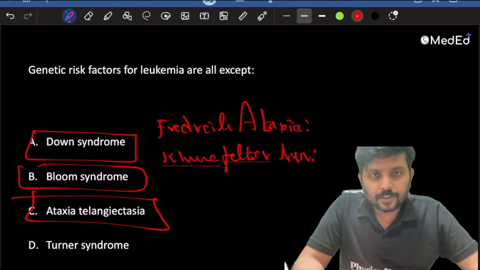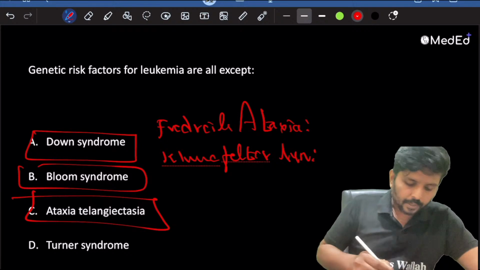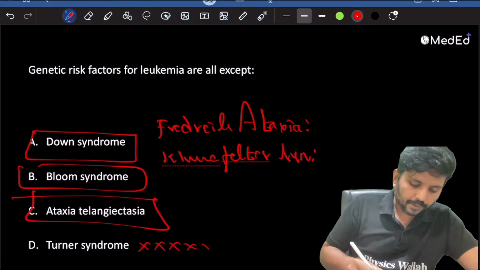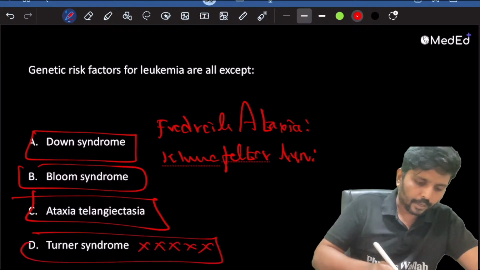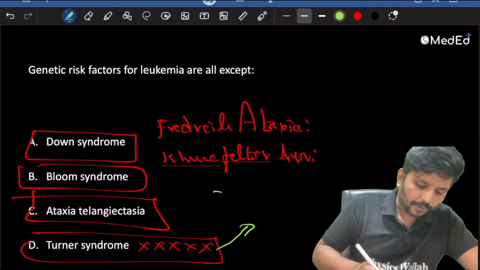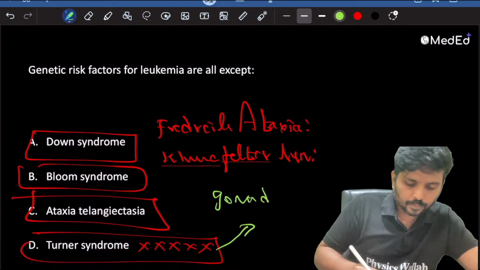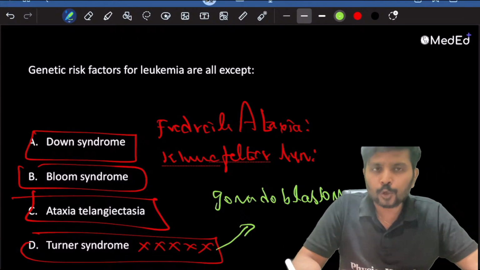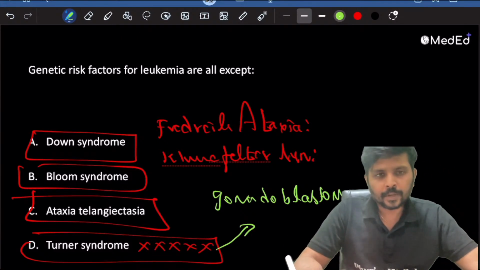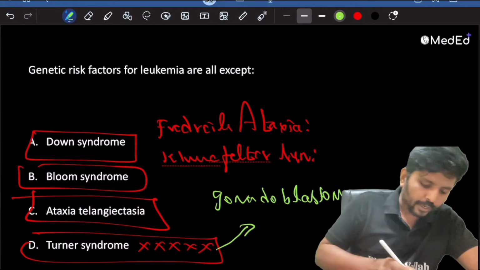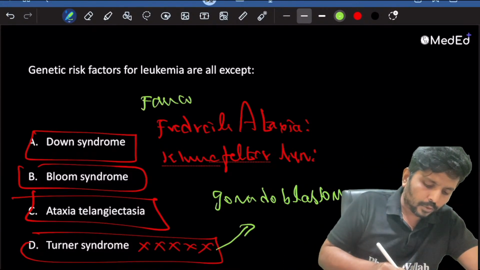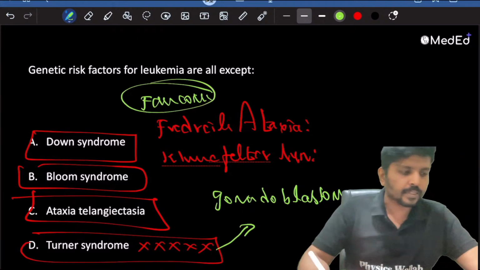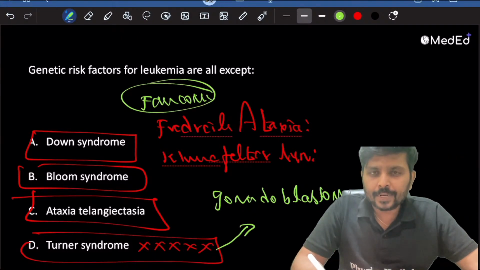These are all risk factors for leukemia. Turner syndrome is not a risk factor for acute lymphatic leukemia, but it is a risk factor for gonadoblastoma. Fanconi is also associated with an increased incidence of acute lymphatic leukemia.